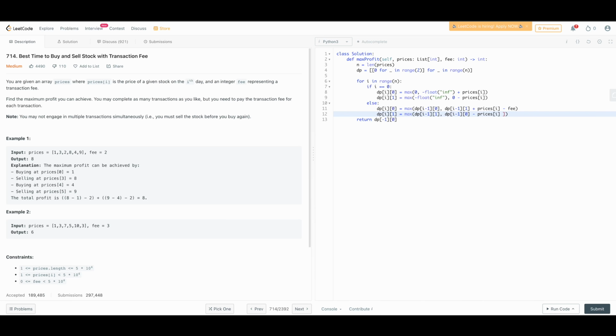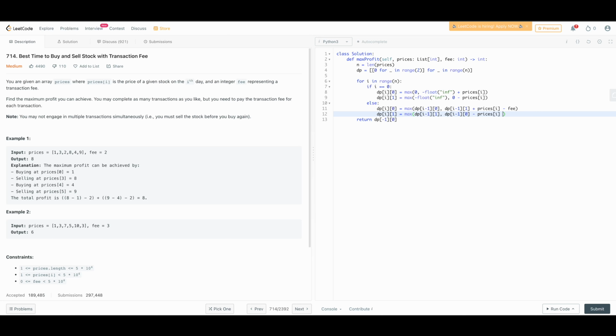In an interview setting, you can ask your interviewer to clarify when the fee occurs. Do you pay your fee when you're buying a stock, or when you're selling a stock, right? Because if you buy options or call options, you have a premium, and then you have an expense when you're buying a call option.